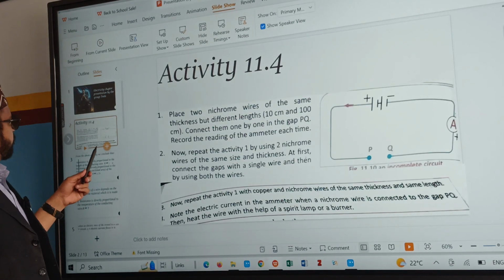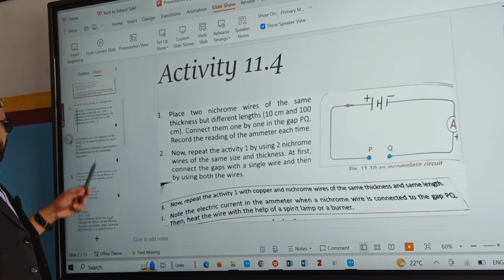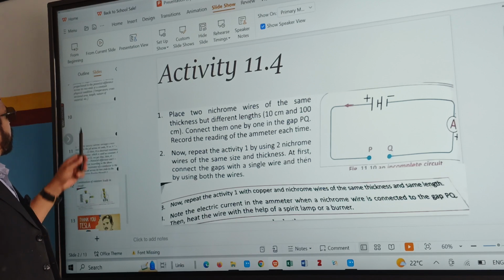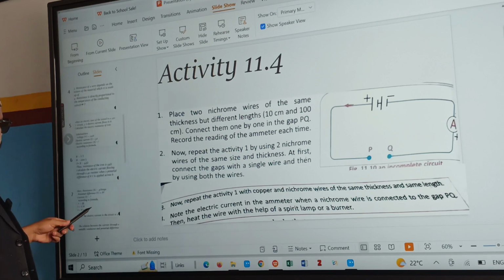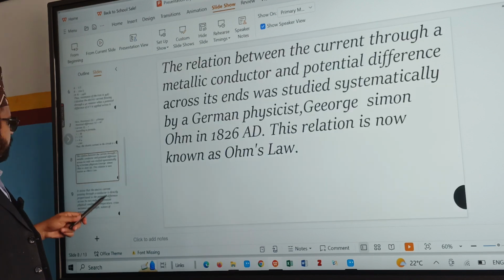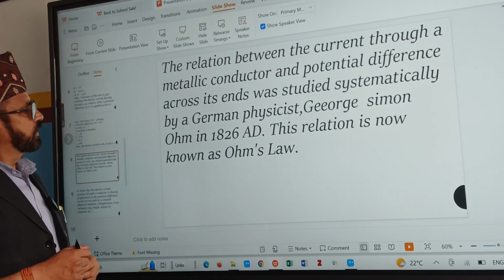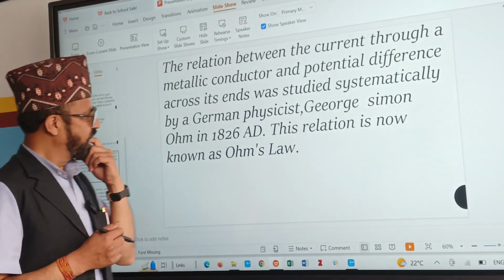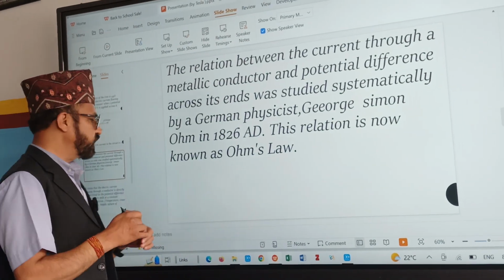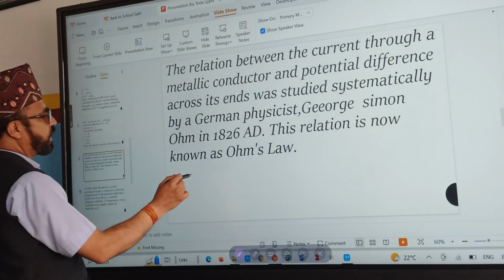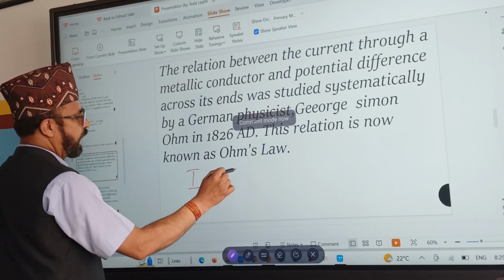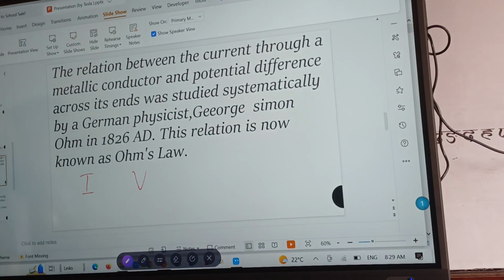Children, one thing you have to remember. George Simon Ohm was a scientist from Germany. He studied the relationship between two things. What are the two things? One is current and another is voltage.